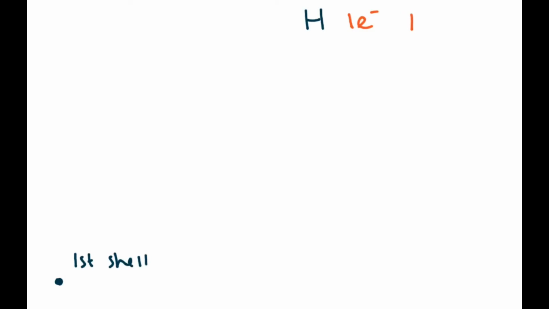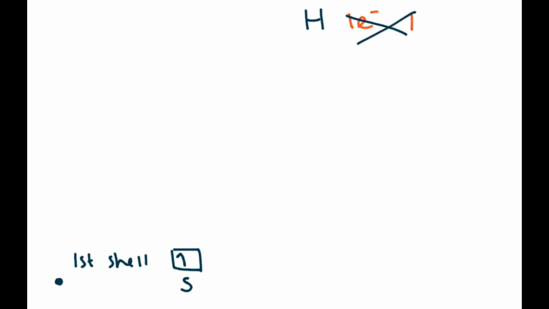In the first shell, you've got an s orbital. This is called the box model. I know the s orbital is a sphere, but we call this the box model, and we write the electron as a single-headed arrow. A double-headed arrow means 2 electrons. So there's 1 electron, and we're not going to use GCSE style anymore.